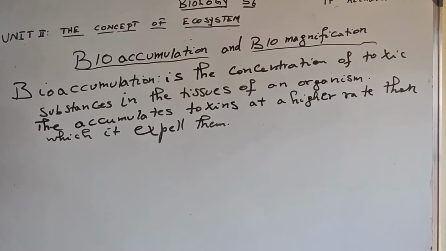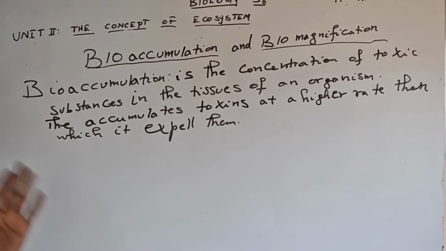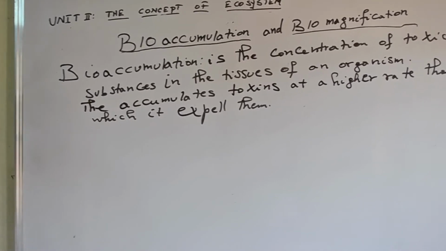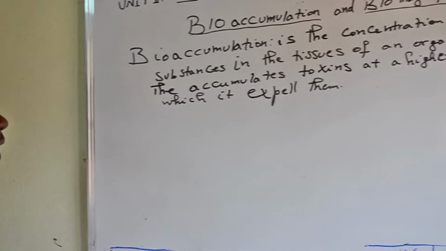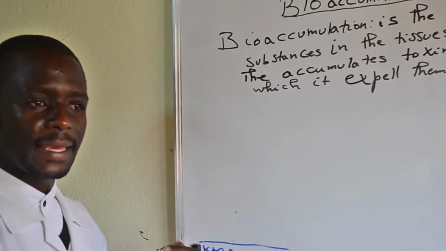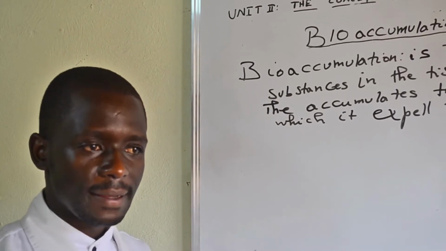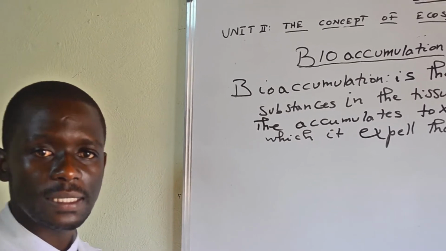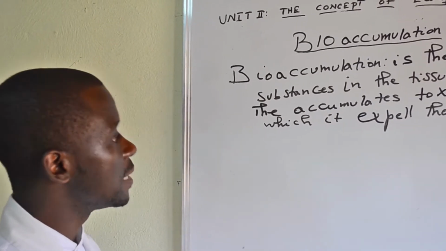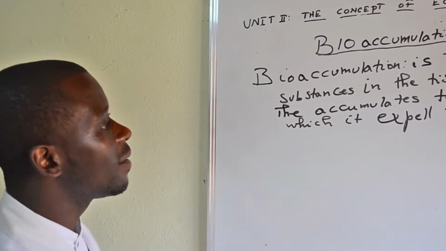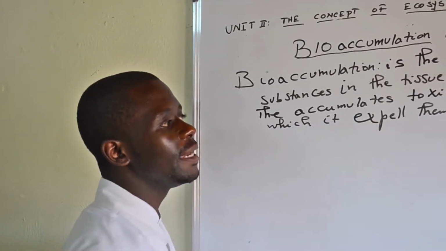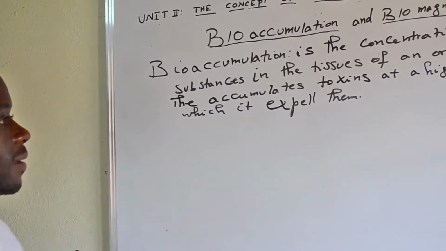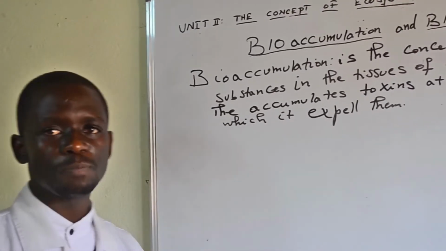What does this mean? It means that a certain organism, for example a fish, is consuming a lot of toxic, harmful substances in its body, and they are being accumulated in its tissues higher than the rate at which it expels them.